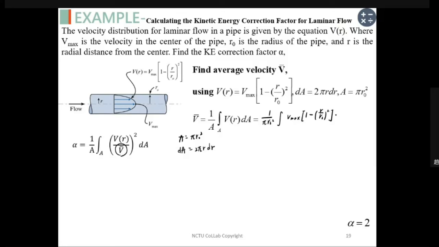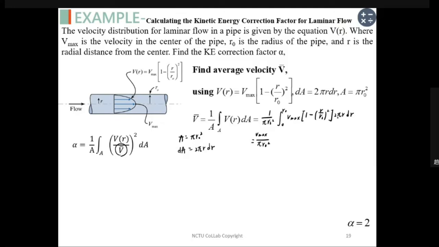V(r) is V max times 1 minus (r divided by r0) squared, and dA is 2 pi r dr. Because the domain is changed to radial, here we just have a radial integration from 0 to r0.